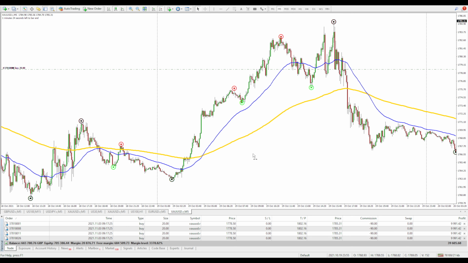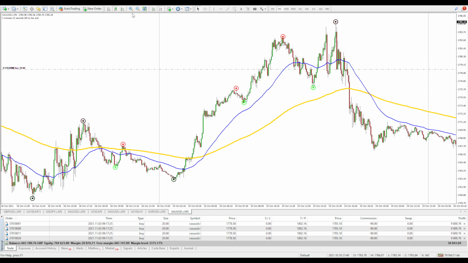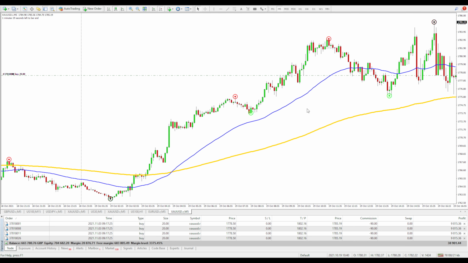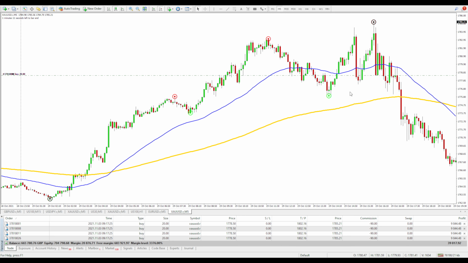So once we've identified the market is in an upwards moving trend, first thing we're looking for is for the market to pull back and touch the 50 MA. That's first. Then we're waiting for our signal, which is the green signal, right? This is the green signal indicator we have right here.